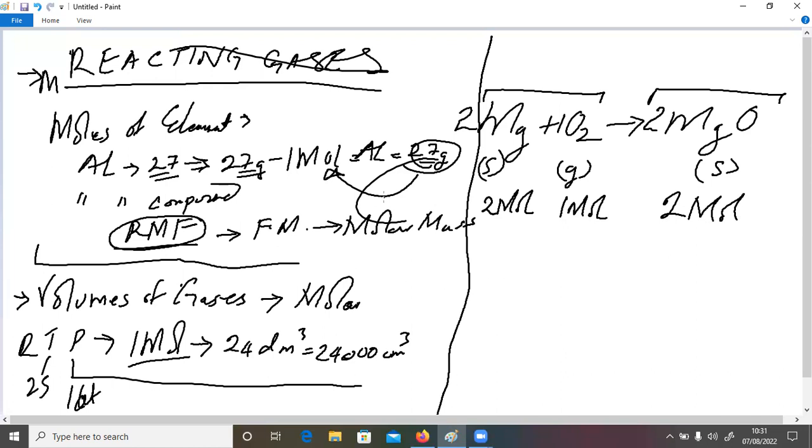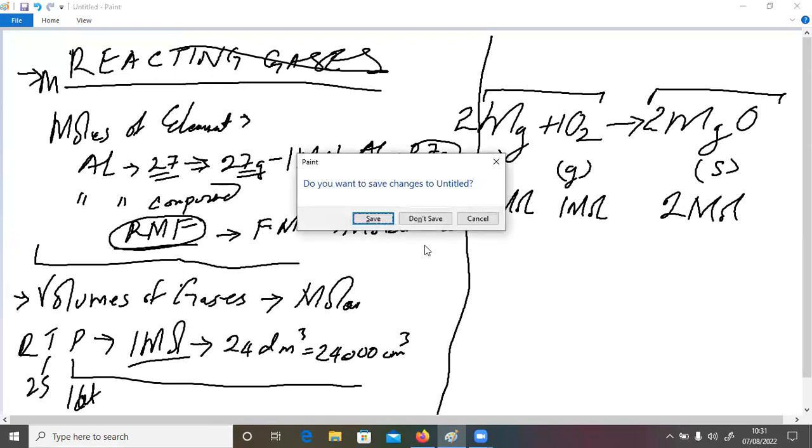We sometimes refer back to the other lessons so that we move forward. These things are interrelated. So, as we say here, volumes of gases, let's get right into it.